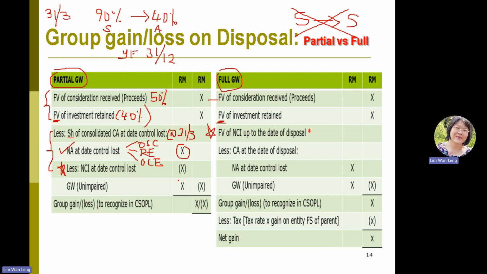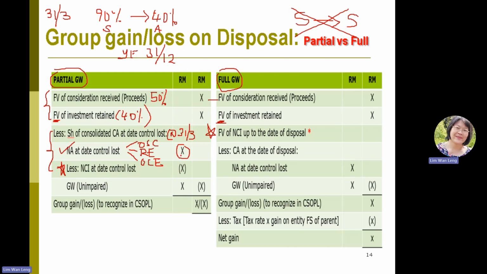Okay, thereafter, because you see the status has now changed, subsidiary to become an associate. And remember that associate's goodwill, we don't reflect at the consol SOFP. Agree or not? We only reflect the goodwill that we obtain from our investment in the subsidiary. So which means any goodwill that remains in the books that is unimpaired, that means still remaining in the books, we have to also knock it off.